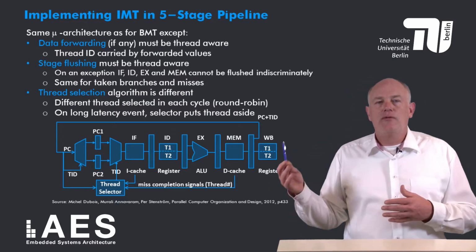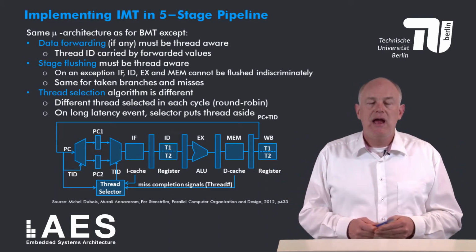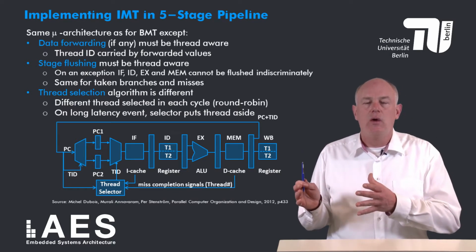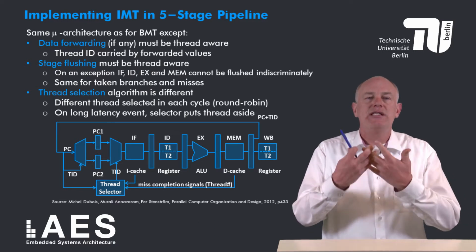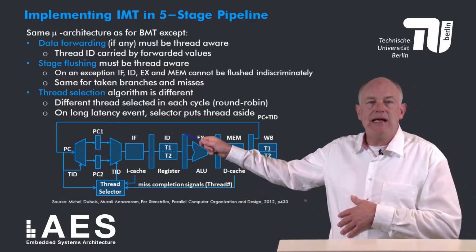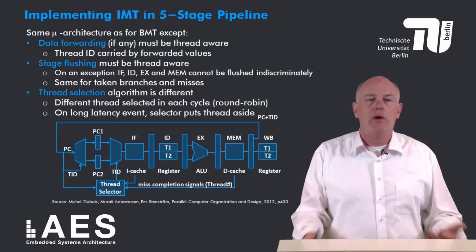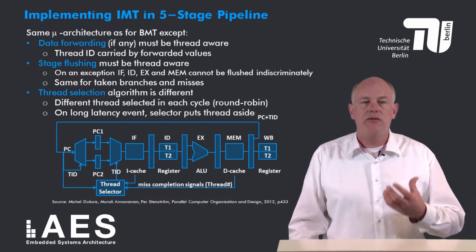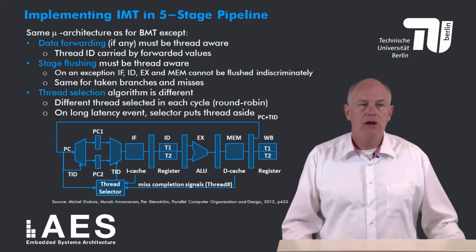Of course, only instructions from the same thread can be dependent on each other, and therefore the forwarding hardware needs to know whether the instruction currently in the execute stage is from the same thread or from a different thread. So it implies that the thread ID must be carried by the forwarded values so that the hardware can detect that this is an instruction from the same thread and I, being an instruction, am dependent on it.